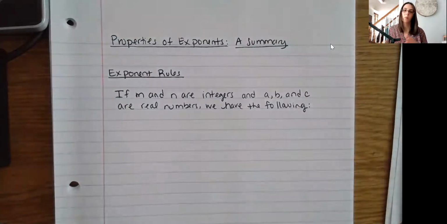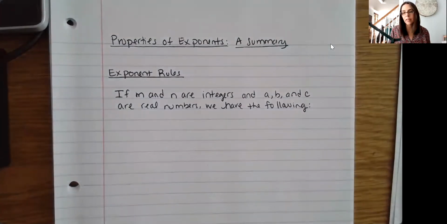Now, I will say as well, we're talking about M and N being integers for our exponents, but they actually don't even have to be. These rules still work with fraction exponents and decimal exponents too, which is pretty interesting. One fun side note is that a fractional exponent actually relates to a root.